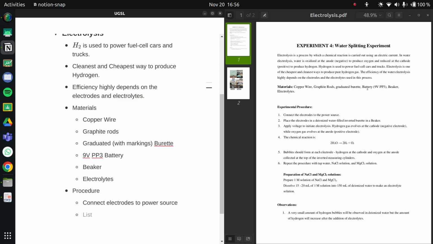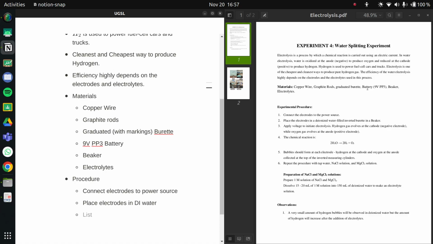Usually it's supposed to be the opposite. This is very weird. Okay. Place electrodes in DI water. Sure. Apply voltage to initiate.